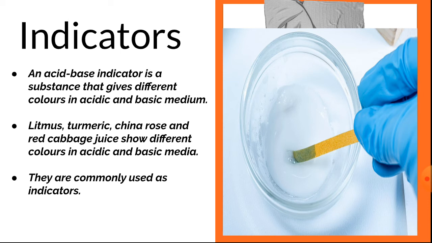It acts as a detective agent. Some examples of indicators are litmus, turmeric, China rose, and red cabbage juice. So let's see about them in brief.